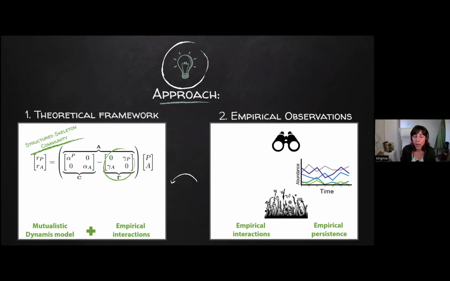Yeah. So what we did here is that to parameterize this gamma matrix, we consider the empirical interaction network as a skeleton, without weights. So if two species interact, we put a one. Then the whole matrix, basically this gamma p and gamma a, are these ones and zeros multiplied by a parameter. This is gamma zero, as you said.